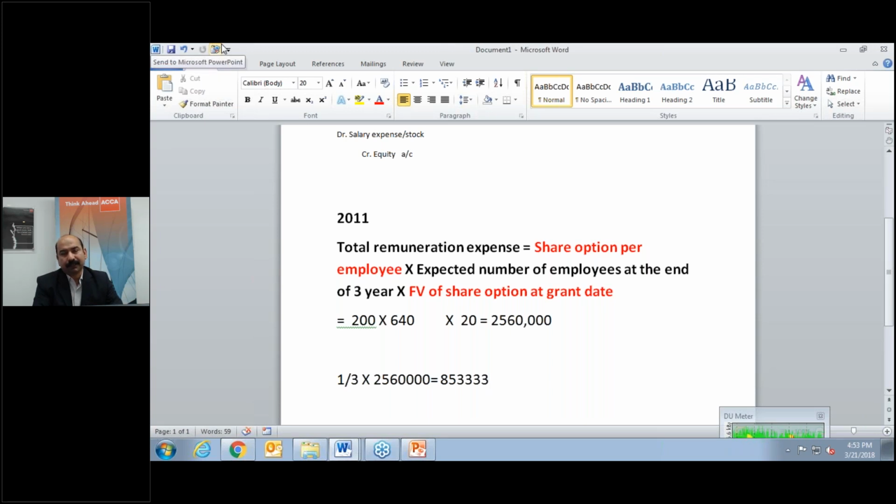If you have an option to buy dollar at rupees 110, and in the market the dollar is being traded at rupees 120, will you exercise your option, Mr. Rashid?